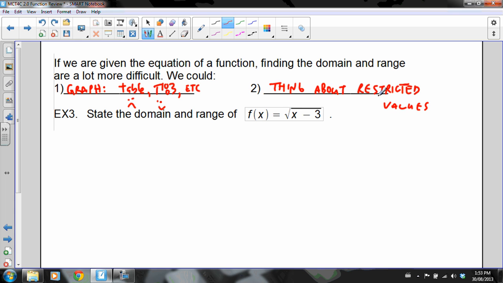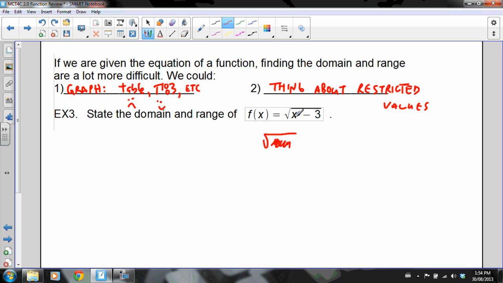Unless it says so, we're going to let x be anything it possibly can. But we see that we're taking the square root, right? We can't take the square root of a negative. So whatever we decide that the domain and range are, we know that the number underneath the root sign can't be negative.